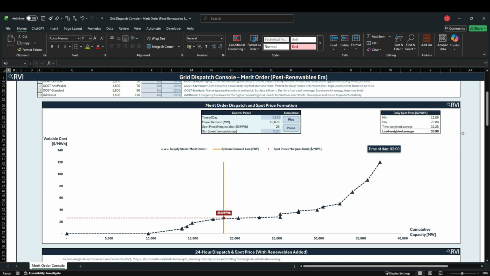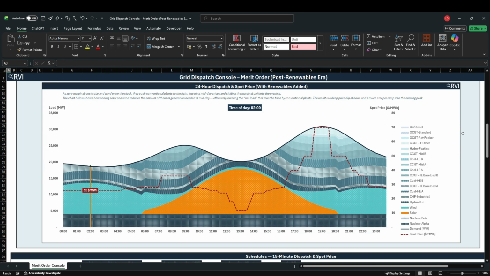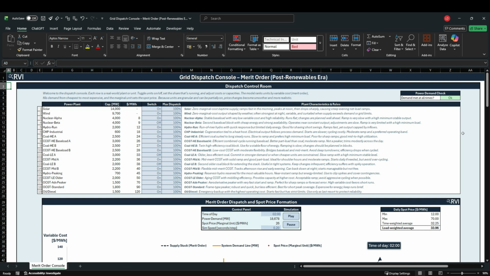Now we will jump into the dispatch console, so you can see why prices move that way from a merit order perspective. This is the same system as in our previous lesson, but projected 25 years forward. Solar and wind now supply a large share of energy. Notice how the supply stack has changed.